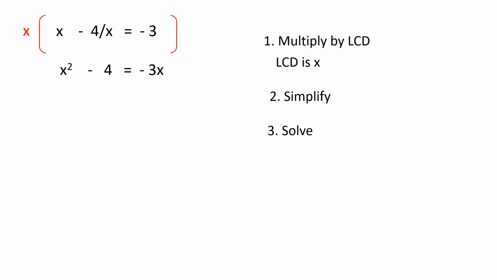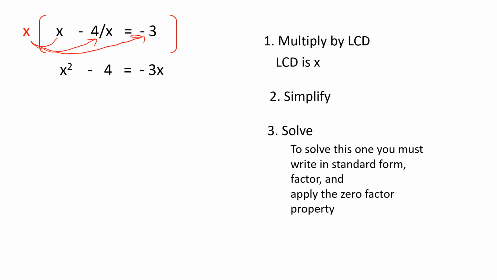So the x times x here gives me x squared. This x times this fraction here, I end up with a -4. And then the x times the -3 gives me a -3x. Once I've done that, then I can simplify, it's already simplified, and so now I can solve.